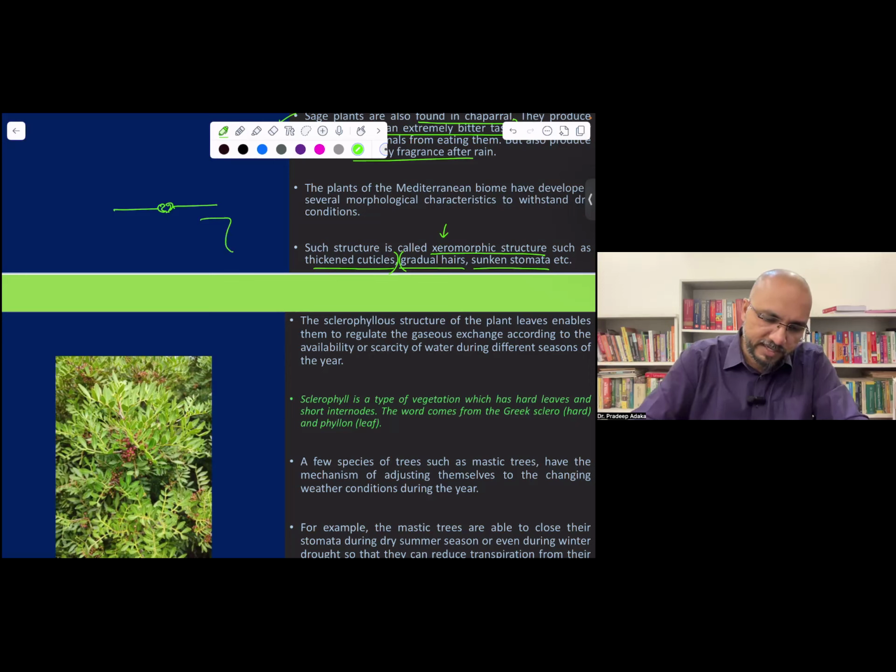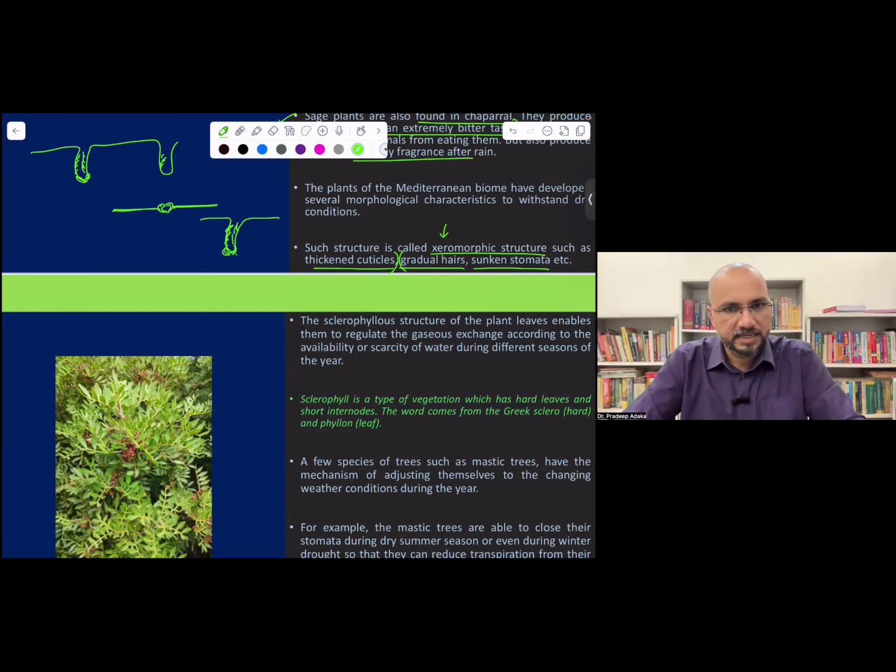This stomata is present here, and they have hair like this. Here you have a lot of hair to reduce the transpiration. They are not on the surface like this. So sunken stomata is a modification to reduce the transpiration.